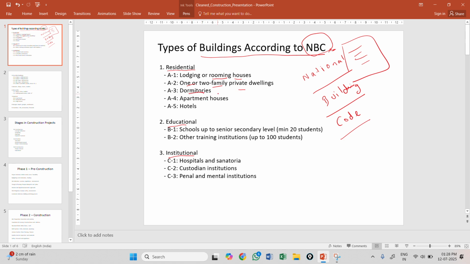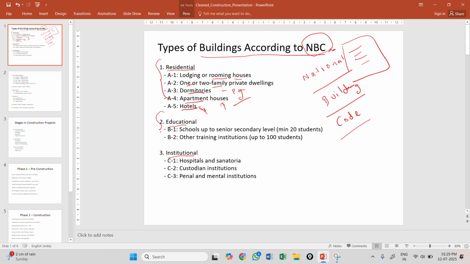Dormitories, like if someone is going to come and stay, maybe PGs, paying guests. Apartment buildings are the ones we give on rent, where we find a tenant. Then come hotels, which are normally like villas or bungalows. All those come under residential building.